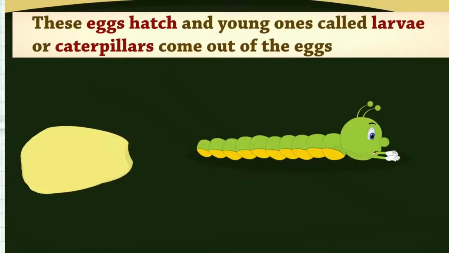These eggs hatch, and young ones called larvae, or caterpillars, come out of the eggs.